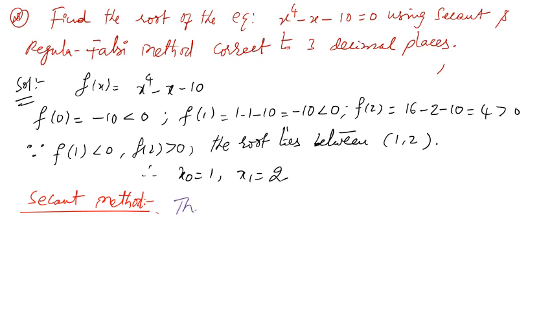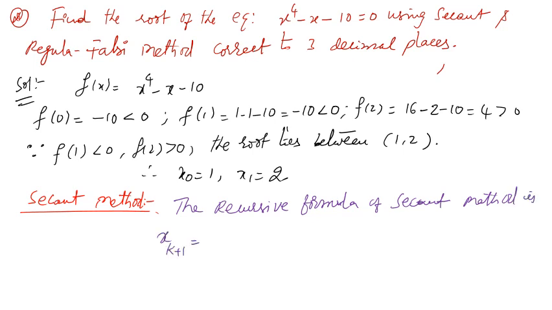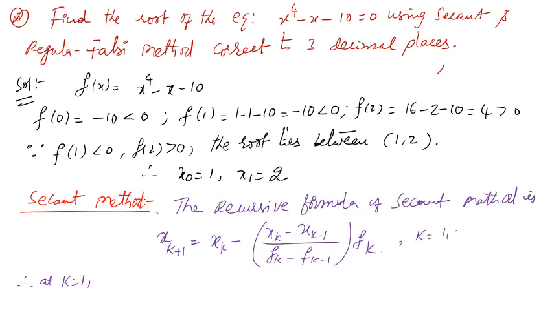The recursive or iterative formula of secant method is x(k+1) equal to xk minus (xk minus x(k minus 1)) by (fk minus f(k minus 1)) multiplied by fk, for k equals 1, 2 and so on.